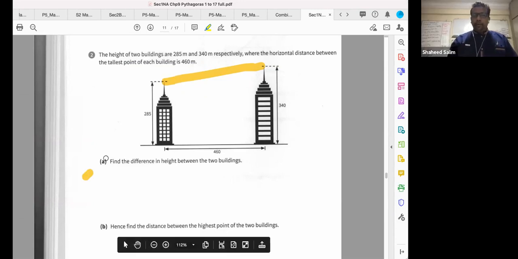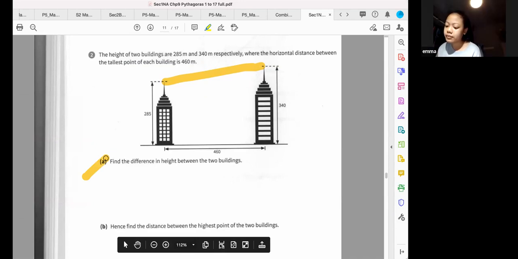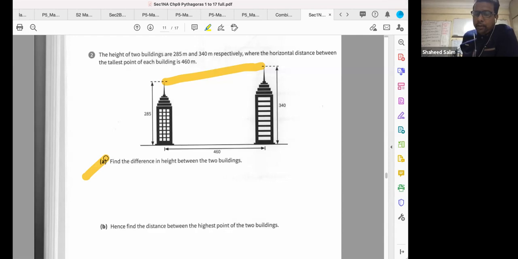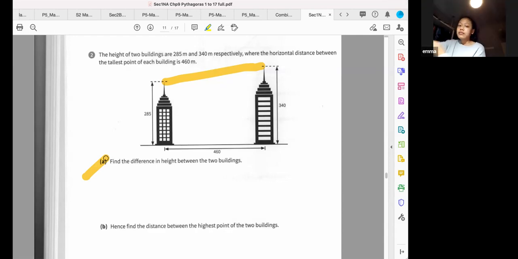Okay, can you find the difference first? What's the difference? 55. Okay, can you indicate the 55 meters on the diagram?